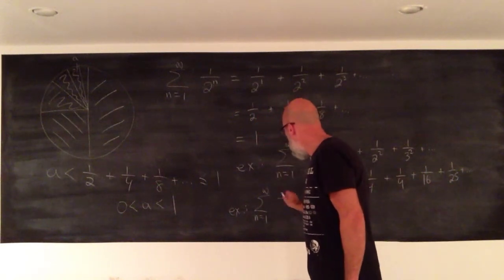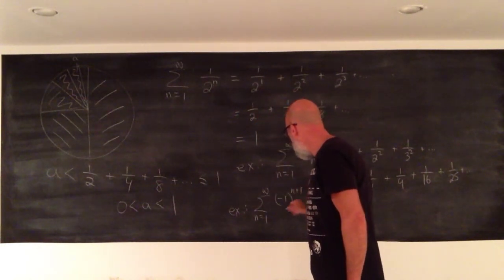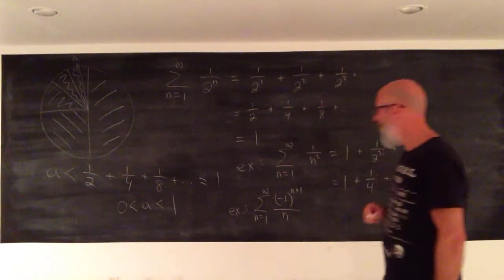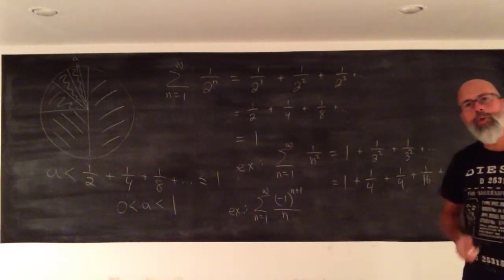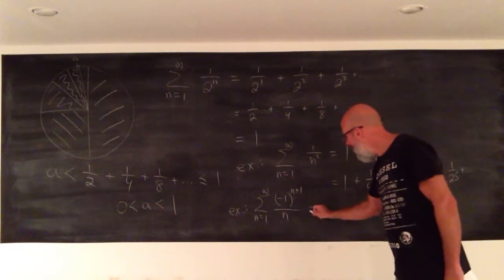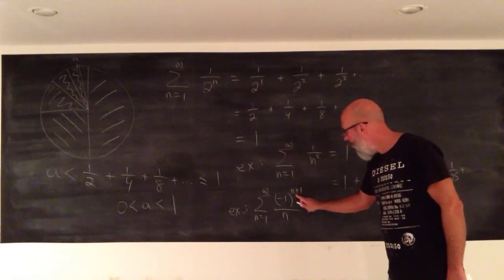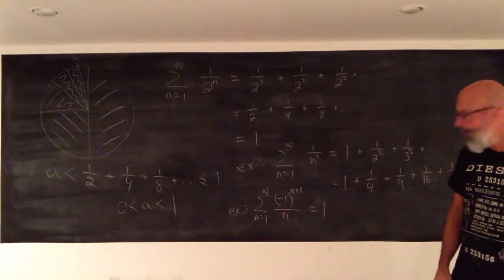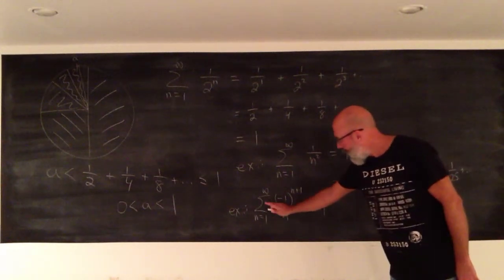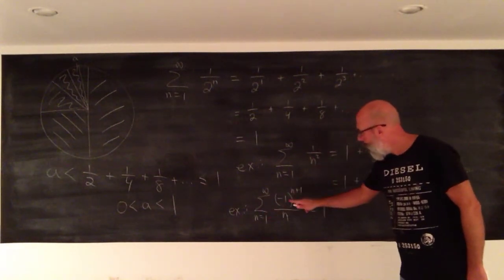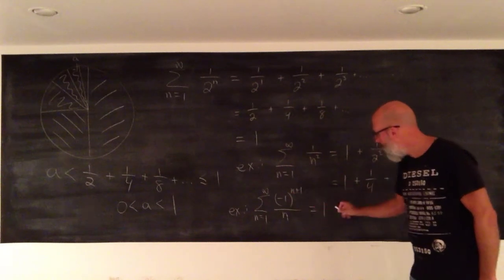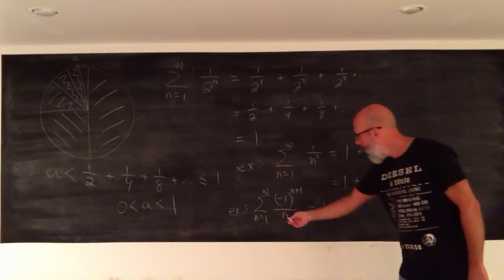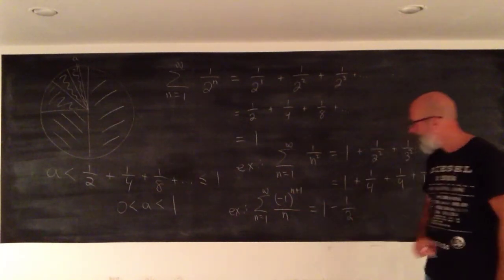Exactly. Let's consider one more. The series, the sum of negative 1 to the n plus 1 over n. So when n is 1, this is negative 1 squared, which is 1 over 1. Still 1. Plus, when n is 2, we have negative 1 cubed, which is negative 1 over 2.